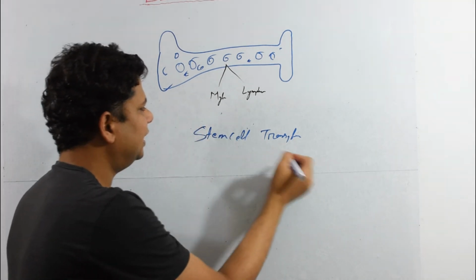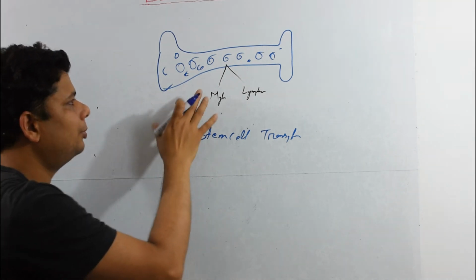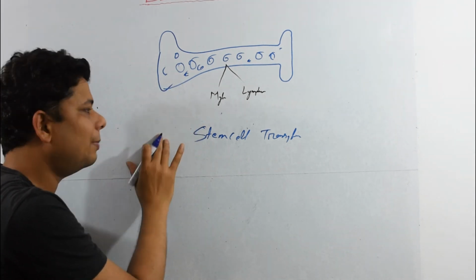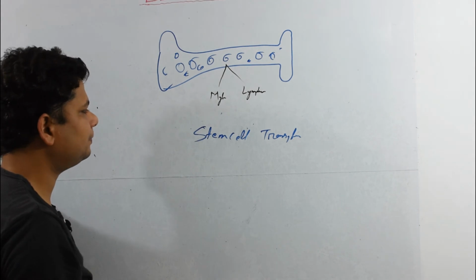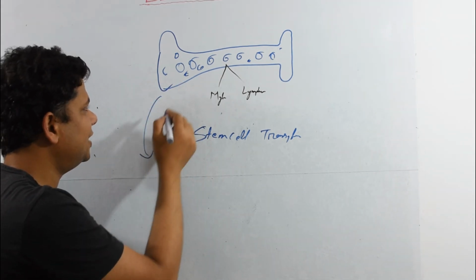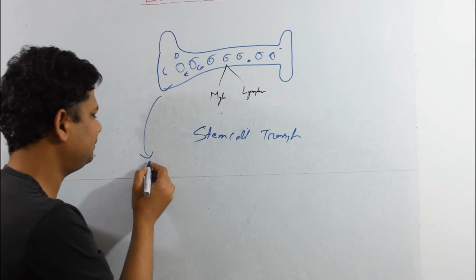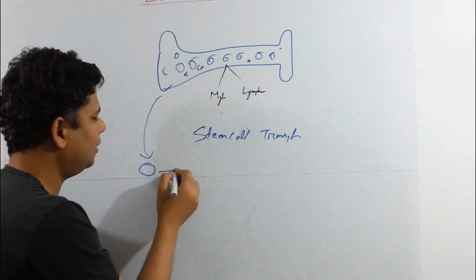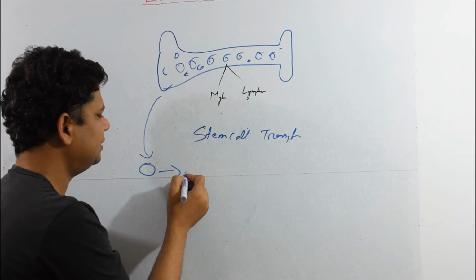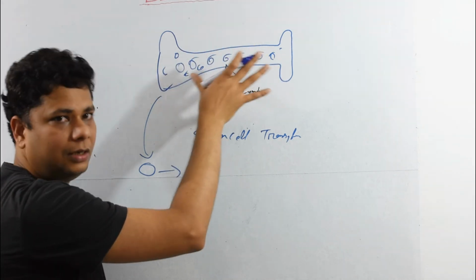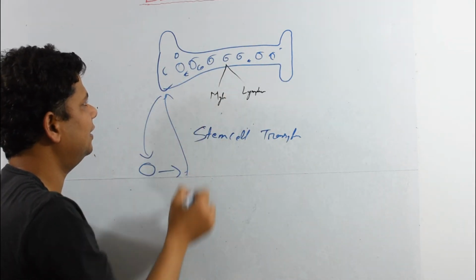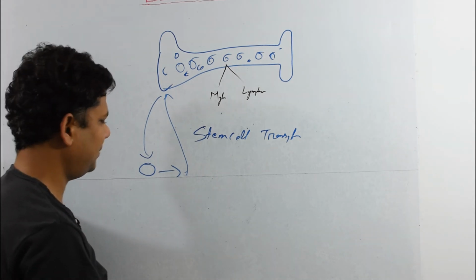What they do is remove the maximum of stem cells either by radiation or by chemotherapy. Either they take out some stem cells from the same patient, grow these stem cells, and then after removing or destroying the stem cells, they put these cells back into the patient.